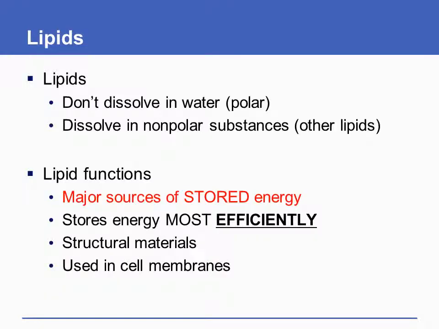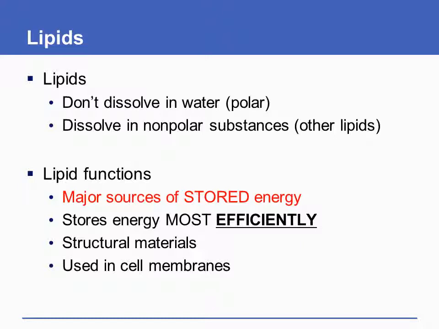Lipids, as we said earlier, are a source of fat, right? Lipids is just a fancy word for fat. And they also provide energy, just as carbs do, but they do so more efficiently. Specifically, as I said to you, pound for pound, or gram per gram, if I give you a gram of fat, and I give you a gram of carbs, the gram of fat has more than twice as much energy, right?